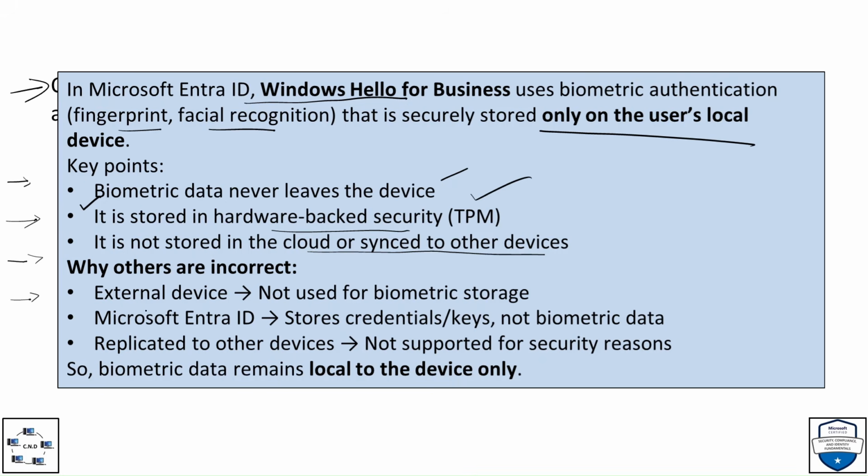So why are the other options incorrect? An external device is not used for biometric storage. Microsoft Entra ID stores credentials and keys, not biometric data, and of course replication to other devices is not supported for security reasons, so biometric data remains local to the device only.